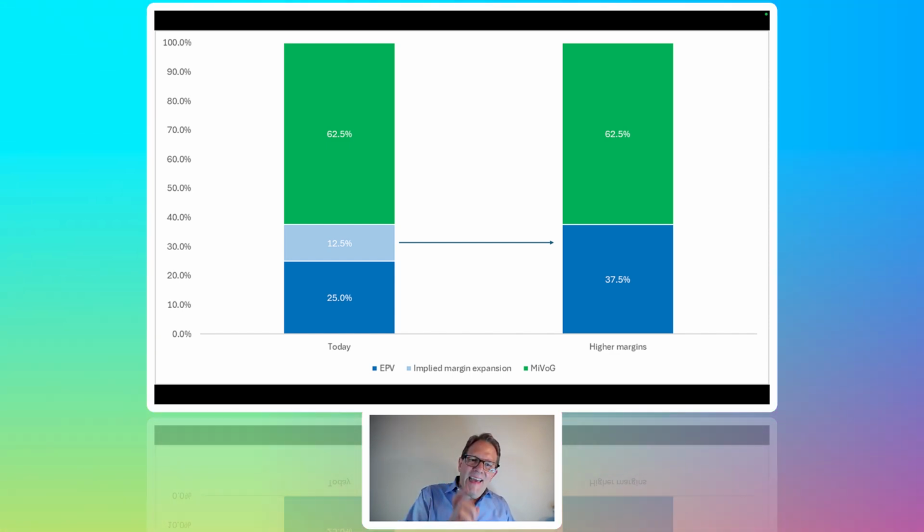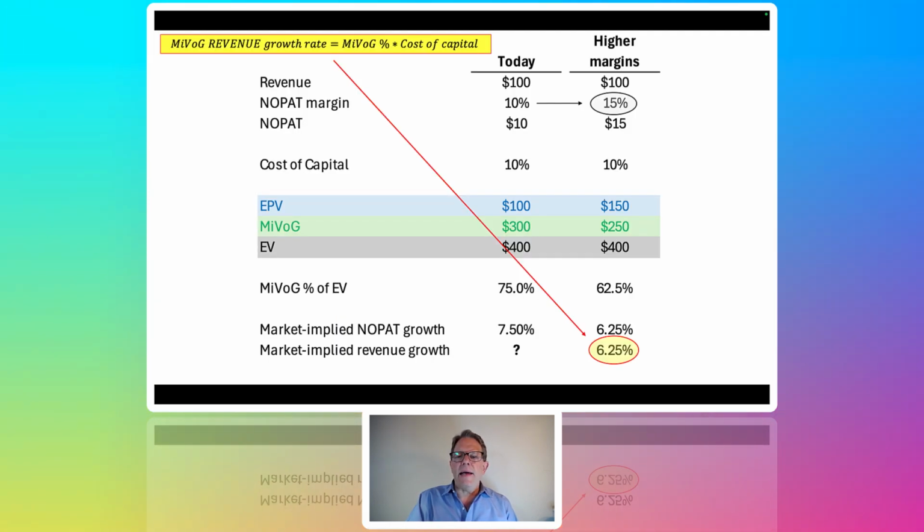So today, 62.5% is actual growth, revenue growth, unit growth. 12.5% is margin expansion, 25% is earnings power value. All right, that's the key. We've been able to tease that out. So today, the market-implied revenue growth is 6.25%, not 7.5%, because of the margin expansion. So the market-implied value of revenue growth is 6.25%.